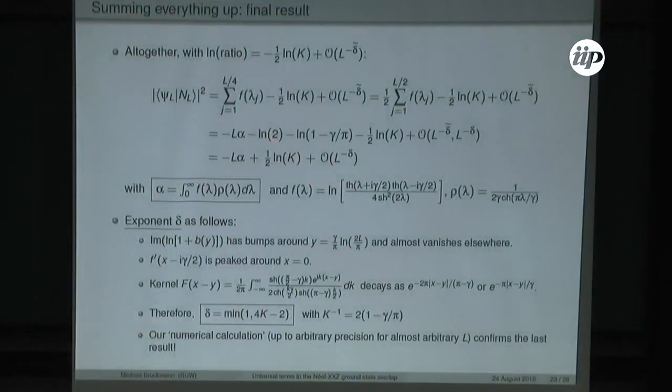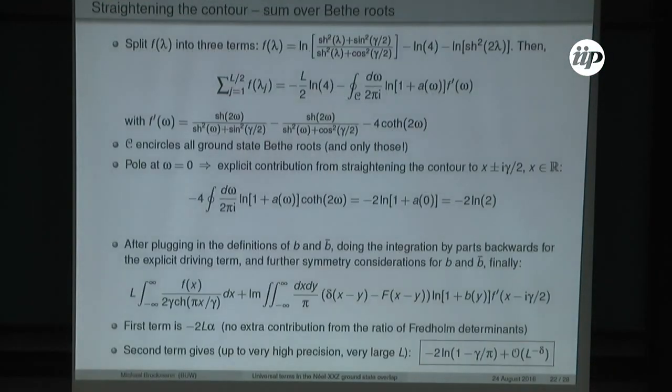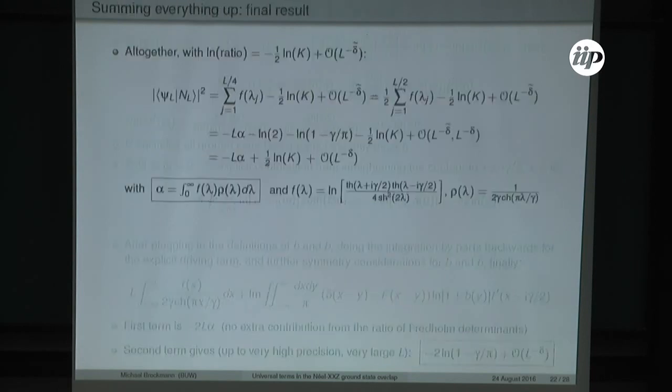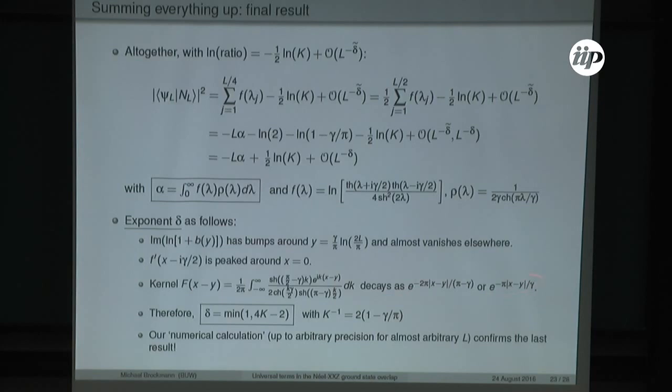And the kernel which connects the function log 1 plus b and the function f prime in this equation decays exponentially. And the exponential decay depends on the poles of this Fourier transform of f.